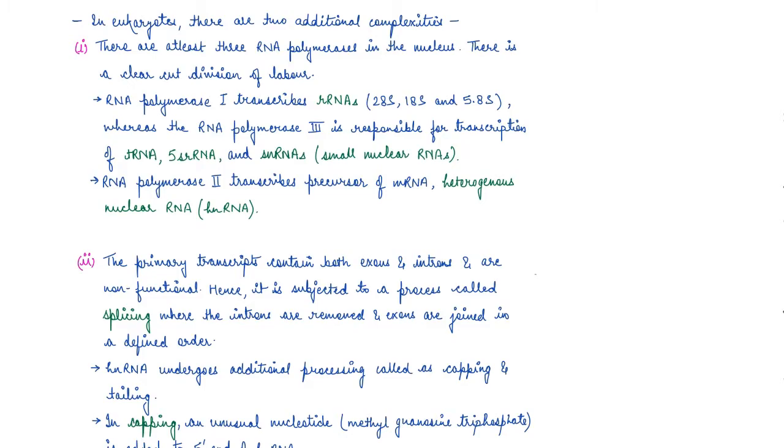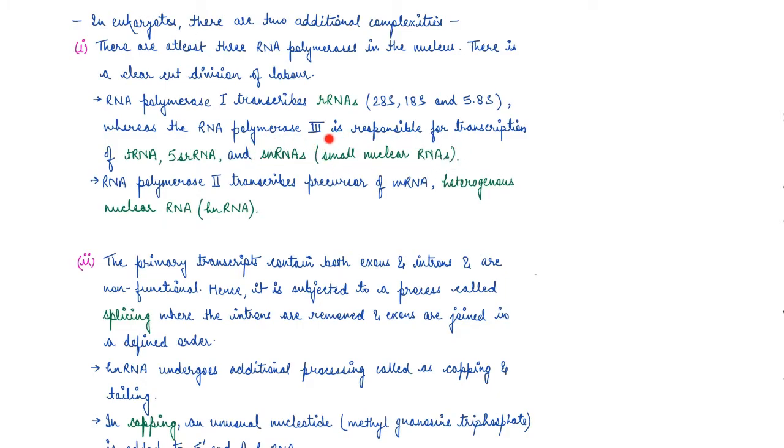Now RNA polymerase 1 transcribes rRNAs, ribosomal RNAs. So 28S, 18S, and 5.8S. And RNA polymerase 3 is responsible for transcription of tRNA and small nuclear RNAs, right?